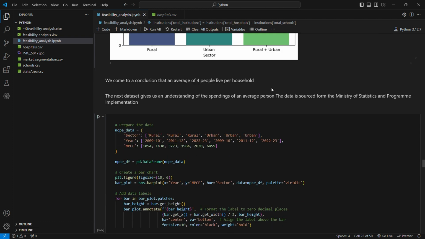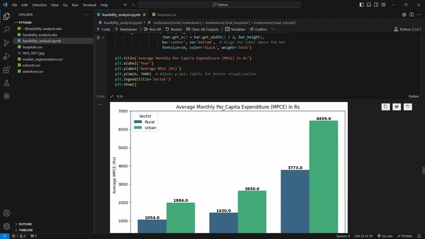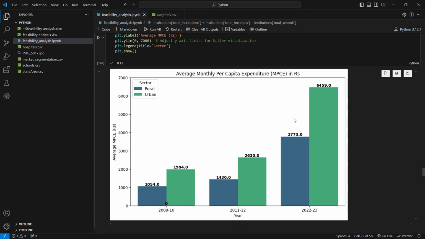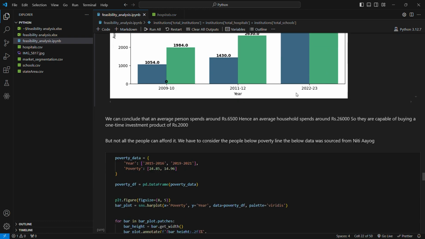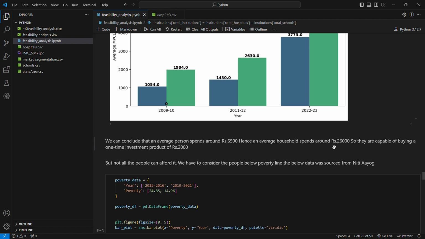And also we have the MPCE, that is the monthly per capita expenditure of a person. That is the amount of money that an average person spends. And that comes up to around 6,500, which means an average household will spend around 26,000 rupees. So they are completely capable of buying a product which only costs 2,000 rupees.